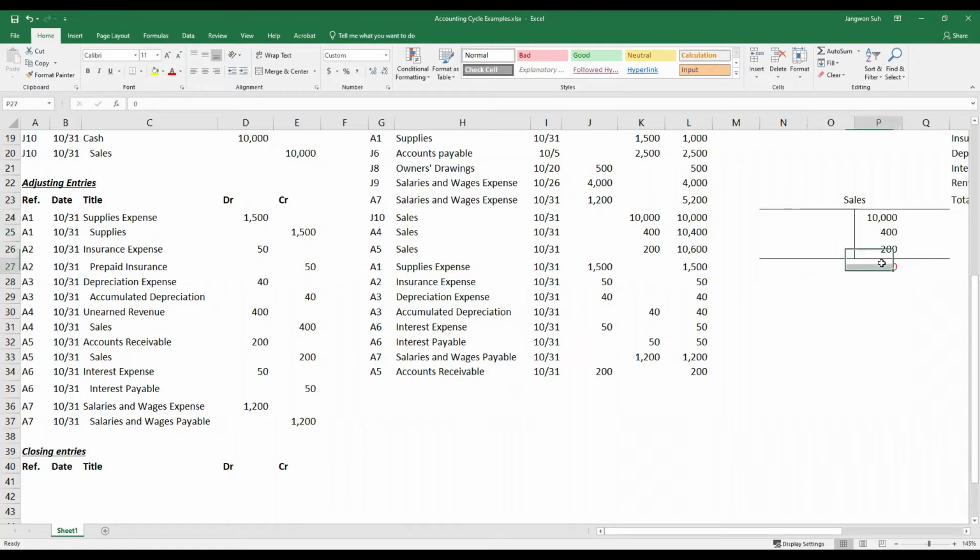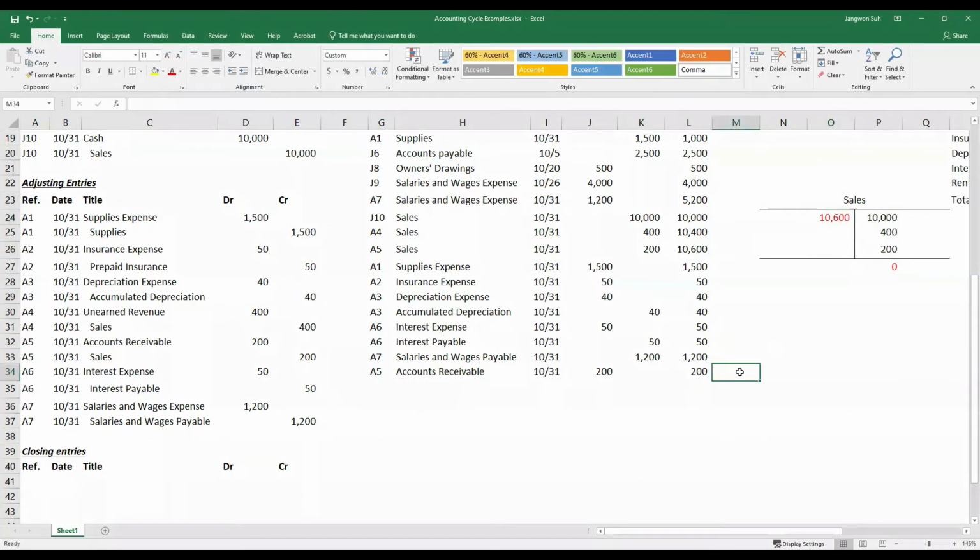When you want to make this ending balance zero, what should you do? That's right. Here on the debit side, the same amount should be posted. The same amount, how much? The sum of these three numbers, right? By doing this, the credit total minus the debit total becomes zero, right?